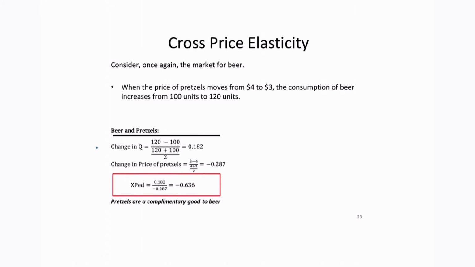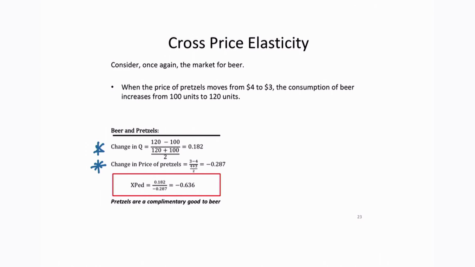Okay, so change in quantity will be 120 minus 100 divided by 120 plus 100 divided by 2. Change in quantity of 0.182. Change in the price of pretzels, 3 minus 4 divided by 3 plus 4 divided by 2 will give us negative 0.287.